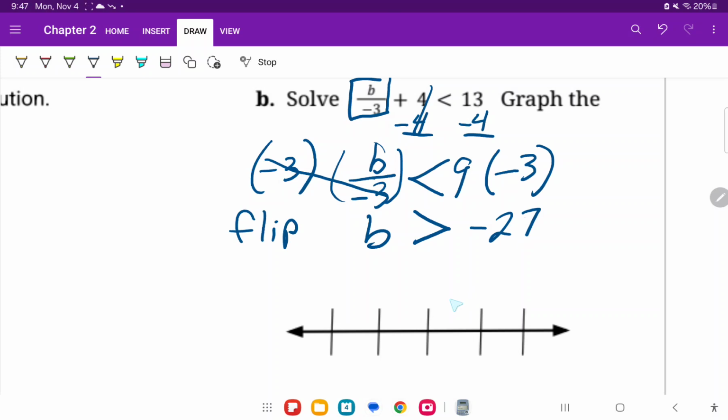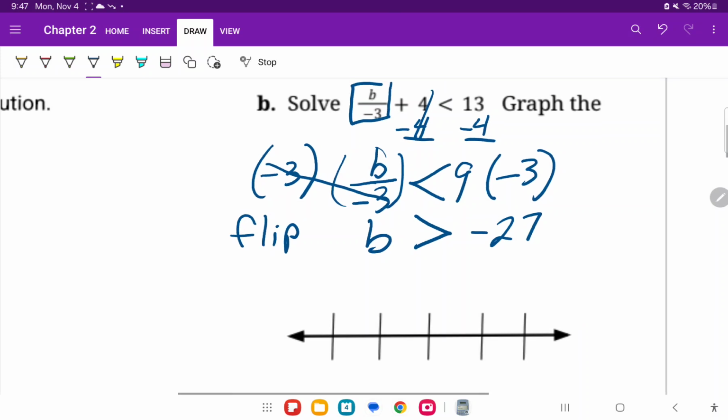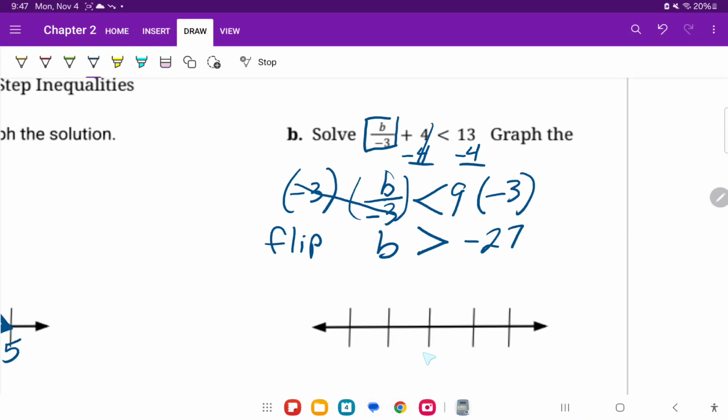All right, and then we need to graph that. So that's going to be negative 27, negative 26, like that. And this will be negative 28, negative 29. Okay, so this is an open circle, and our line is going to the right. Like that right there.